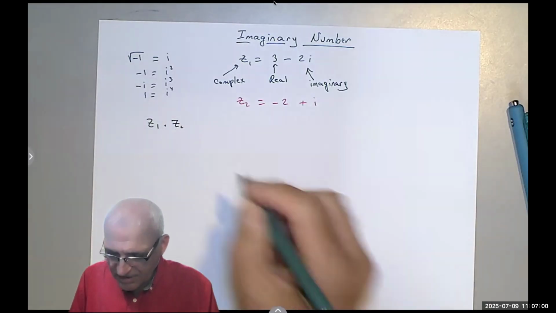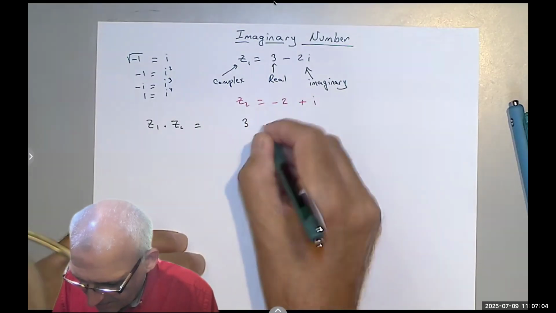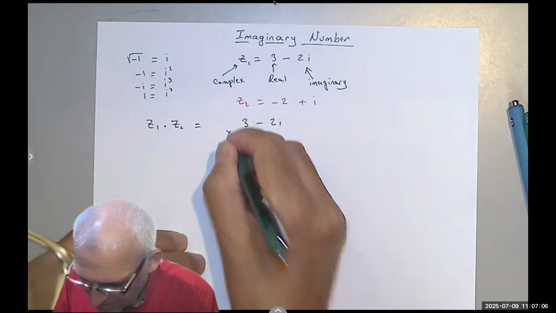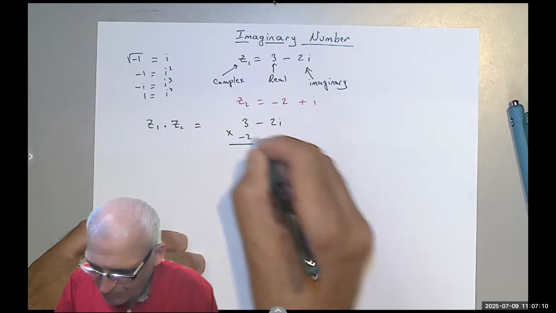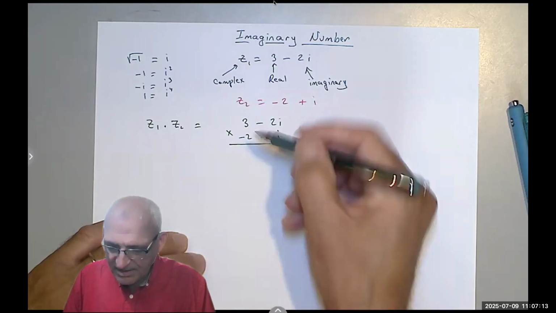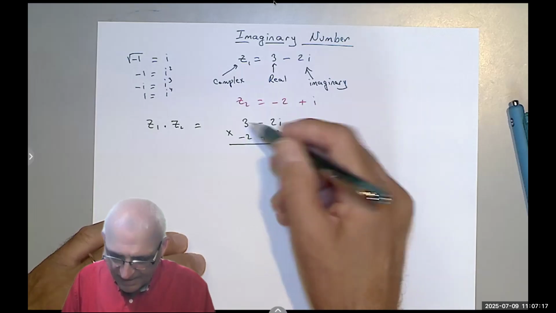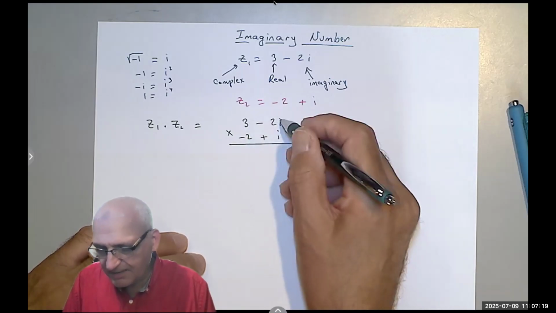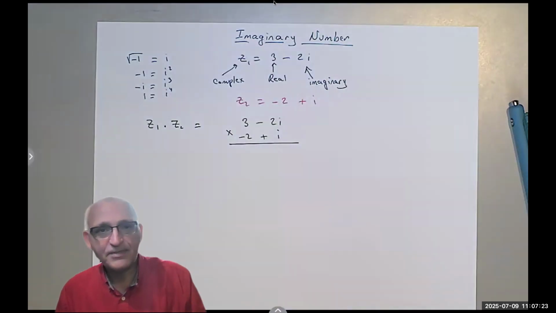So it's so easy because what I'm going to do is to say 3 minus 2i, and then I'm going to use the same logic I used with multiplication, -2 plus I. Meaning, I'm going to multiply the -2 by the -2i, and then by the +3, and then I multiply I by that, like when you multiply tens and ones, for example.